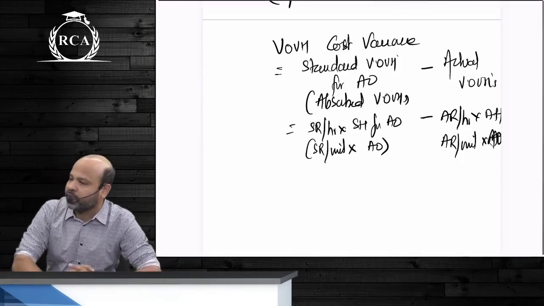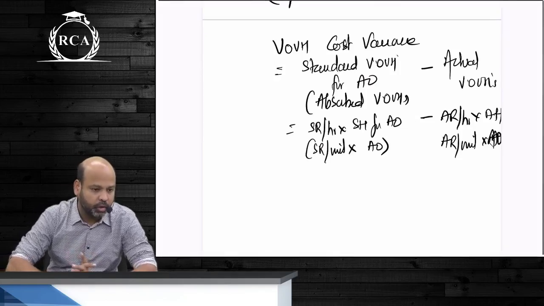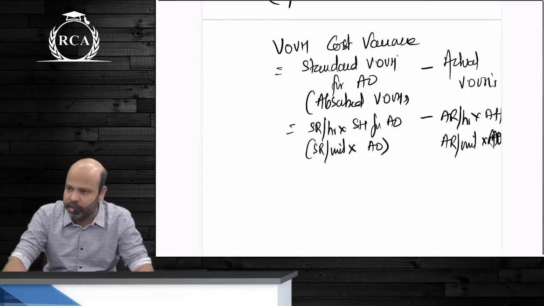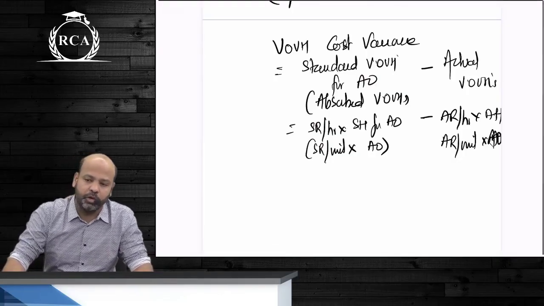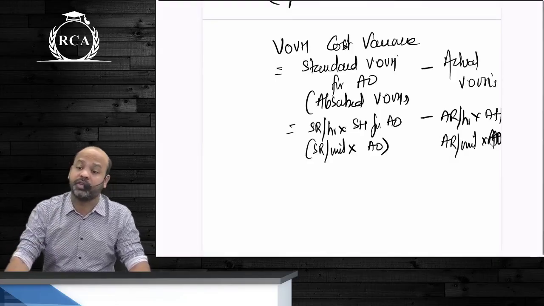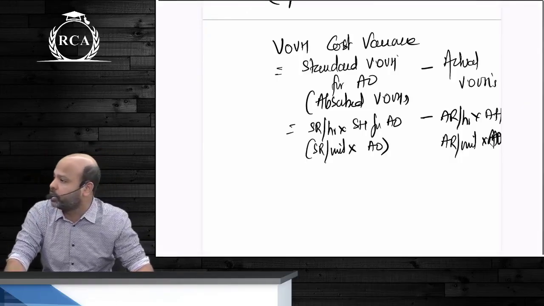You've been given time to finish the task in 1 hour, you take 10 hours to finish that. You are not only being paid for 10 hours, guys, you're also incurring variable overheads for 10 hours. So when you say variable overhead efficiency variance, it is not efficiency of the expenditure that we're talking about, it is efficiency of labor affecting your total variable overheads.